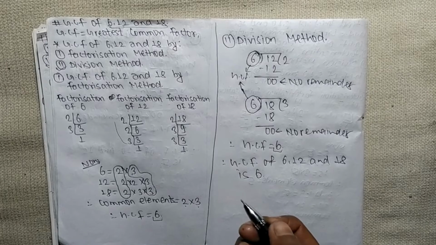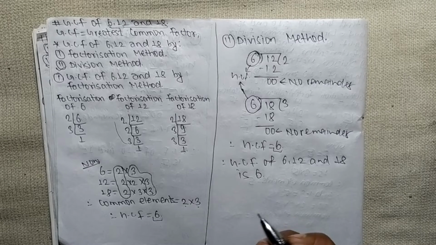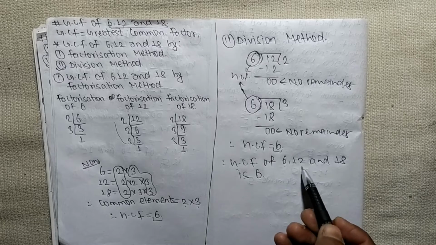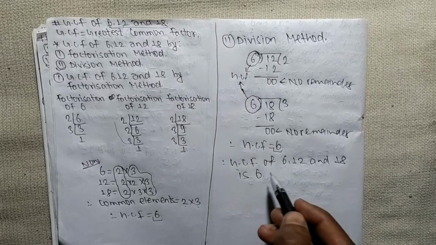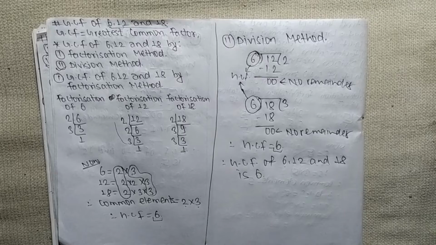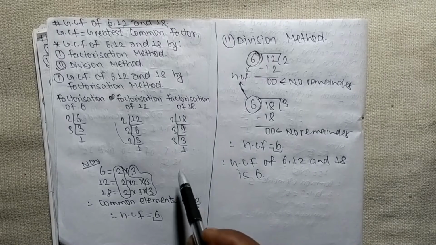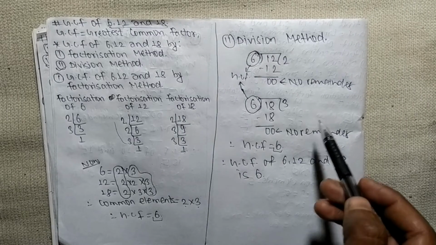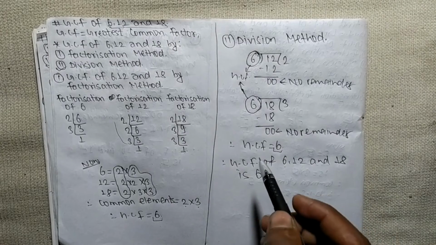GCF means the highest number which can exactly divide 6, 12 and 18. In this way we can find a GCF by factorization as well as by division method.